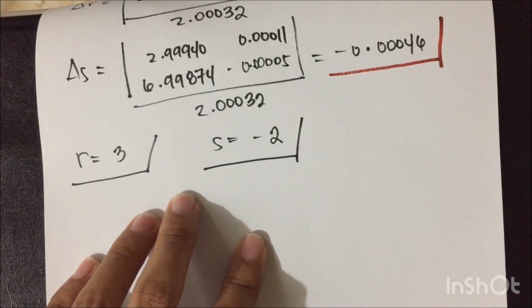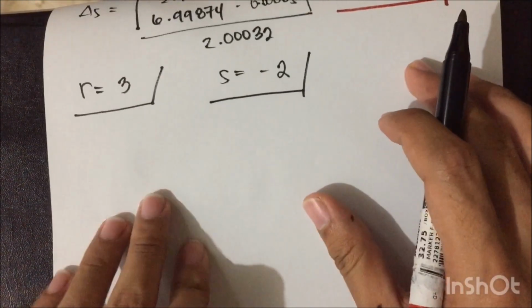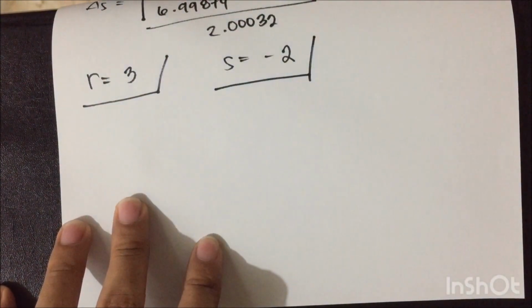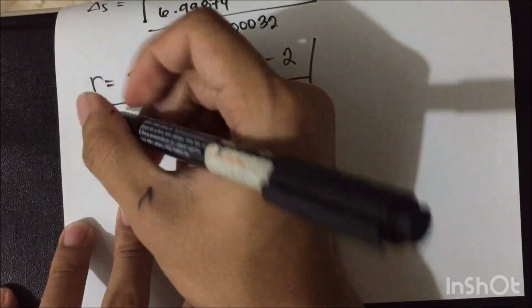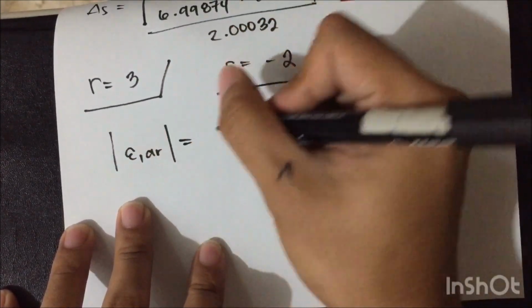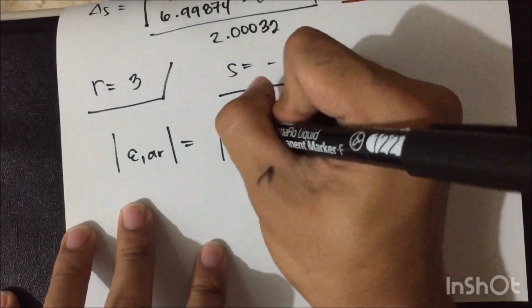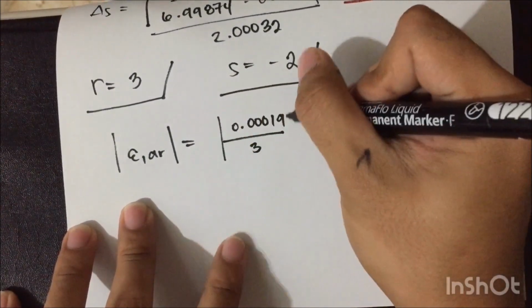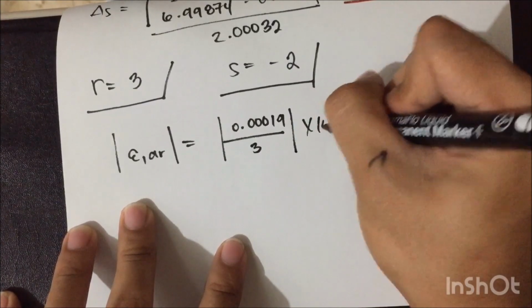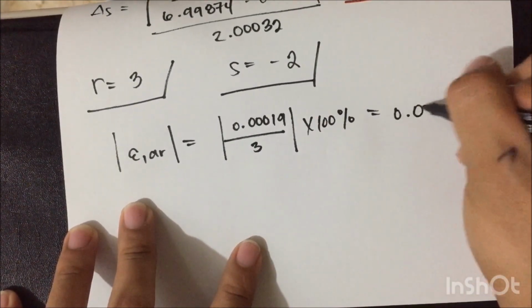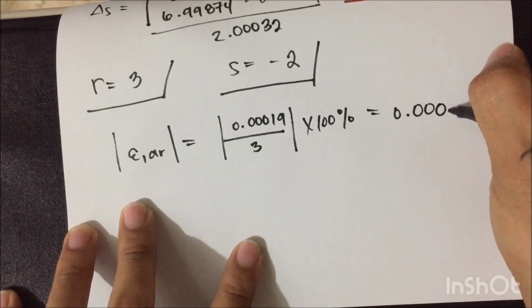So okay, now we prove this. By this formula, delta R over the new value of R, which is 3 times 100%, which is equal to 0.00006.